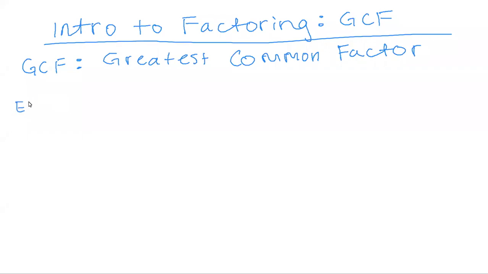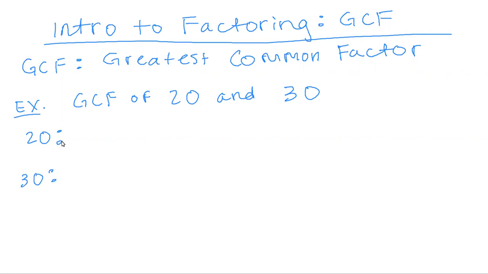So for example, if I ask to find the GCF of 20 and 30, it's helpful to list out all the factors of both numbers. The factors of 20 are 1, 2, 4, 5, 10, and 20 itself.